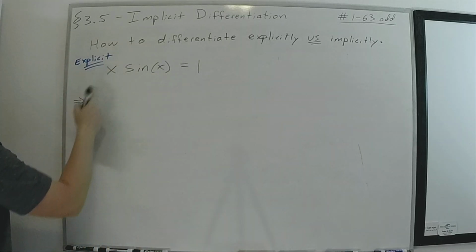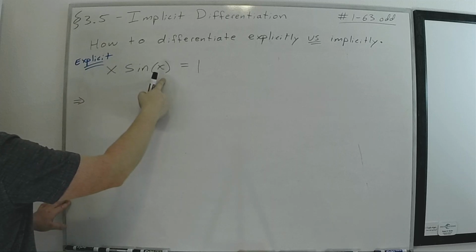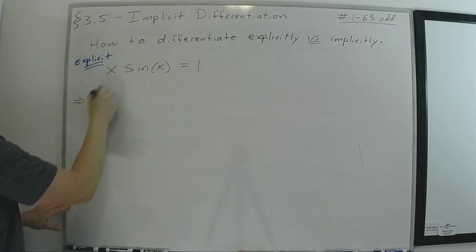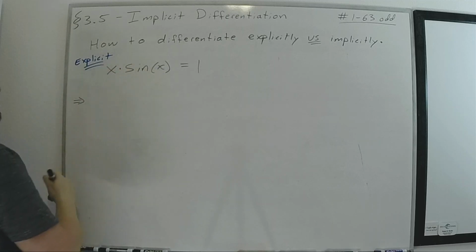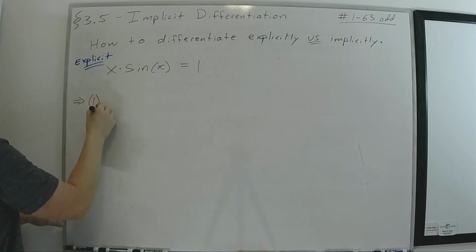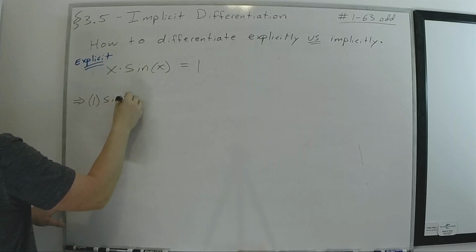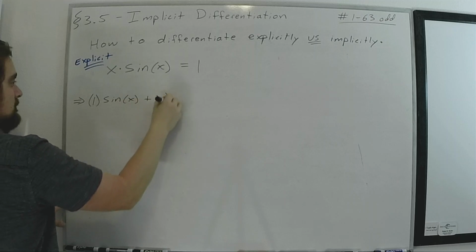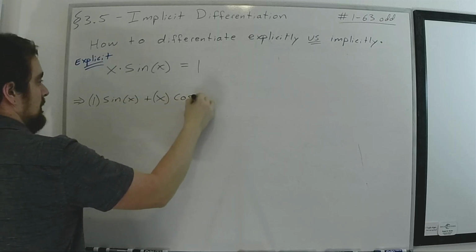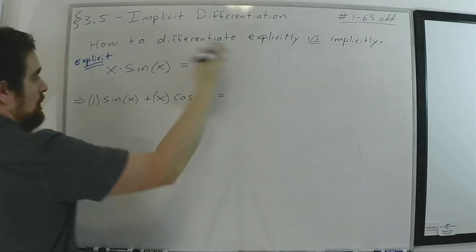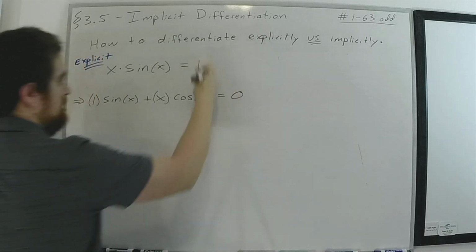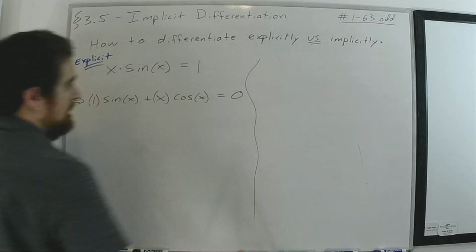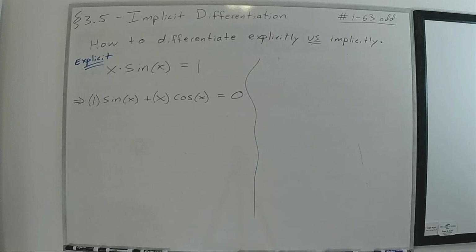So I'm going to differentiate the left-hand side, which means I have to use product rule. It is the product of two functions. So it is the derivative of the first times the second plus the first times the derivative of the second. And then I also differentiate the right-hand side, but I'm differentiating 1, so I just get the 0 to pop up on the right-hand side.